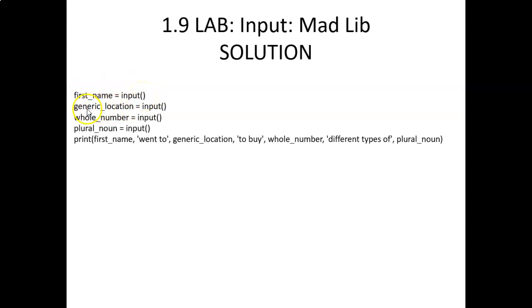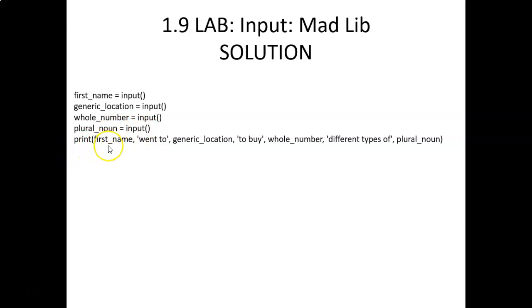Then we want to store our second value, the location, which in the old example was Chipotle. We're going to store that in generic location. Here is whole number. We're going to get it from the user and put it in whole number. And then we're going to get this noun that we're going to use.